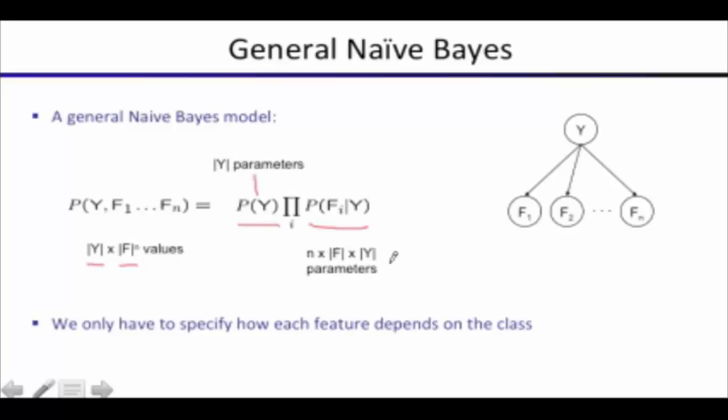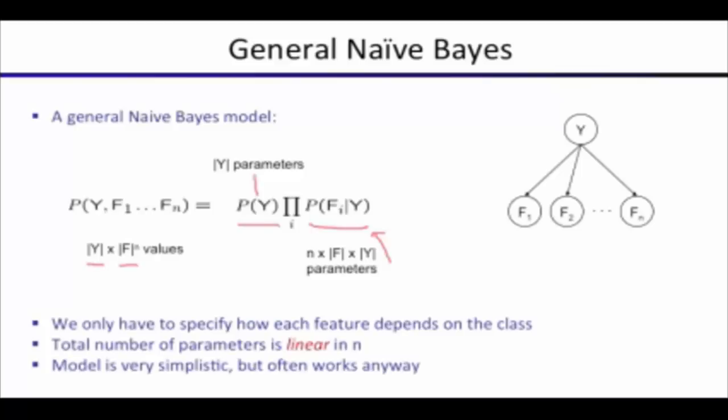And then n is the number of features, so for each feature, we need its conditional probability table. So that plus that is much smaller than that. It's a very compact way to specify a model, especially if n is 1,000, you have thousands of features. It's linear in n, which is the main thing. So you can add a feature with a linear cost.